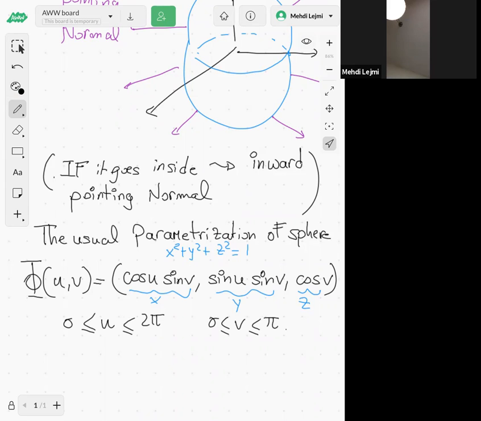Now, let's see what would be the question here. What's the induced orientation of this parameterization? Is it inward or is it outward?